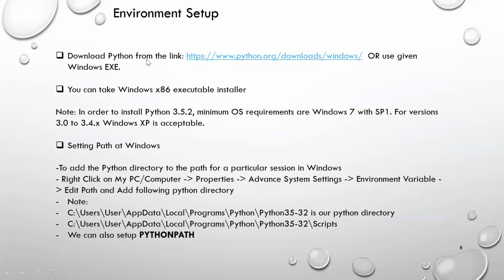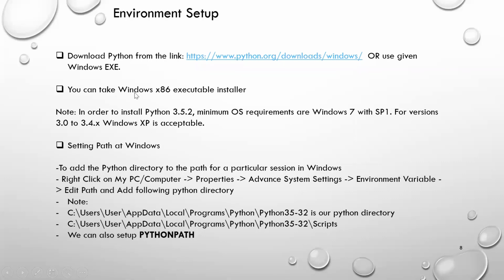So I think you already downloaded Python in your virtual Linux box. But if you want to practice Python on your host machine, you can use this URL to download the Windows version, or you can use our given Python 3.5.x and install the binaries.